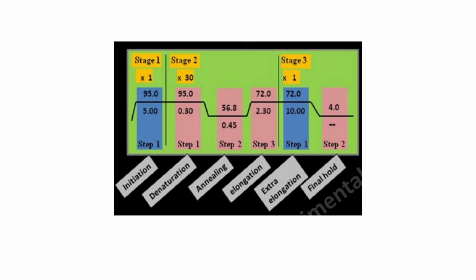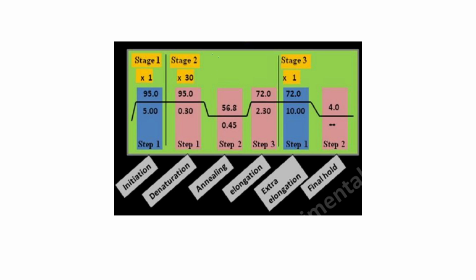I've already told you about the different steps in the PCR. In the first stage we have the initiation, where we take our reaction mix to 95 degrees Celsius. We give 5 minutes to reach the temperature and ensure that all the tubes are at 95 degrees Celsius.